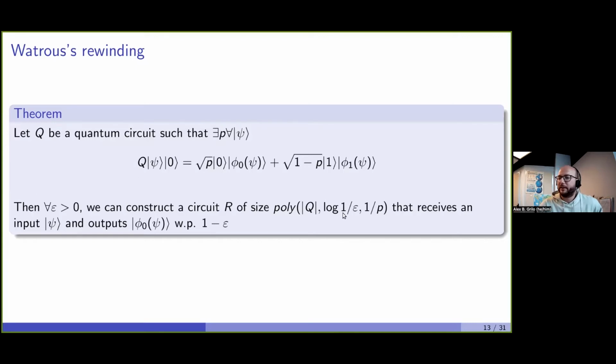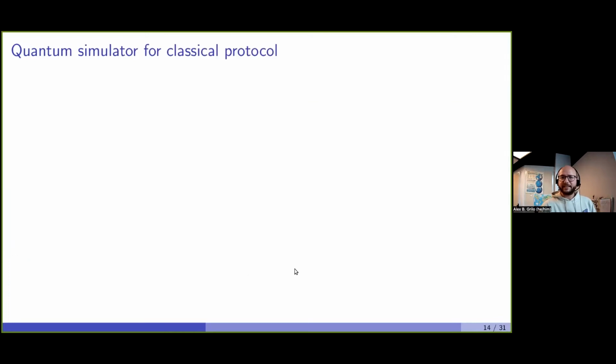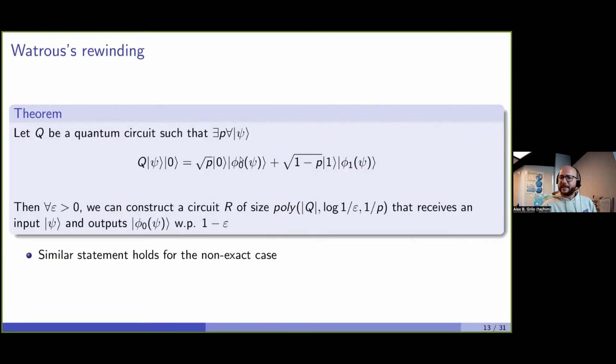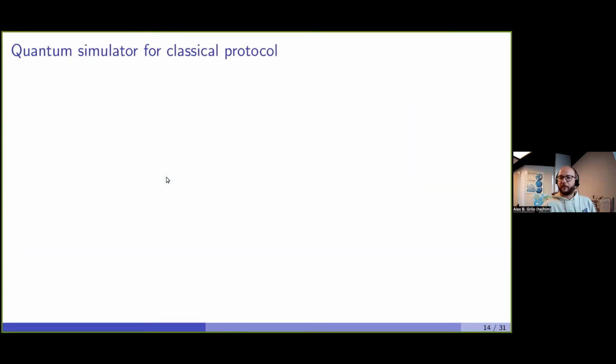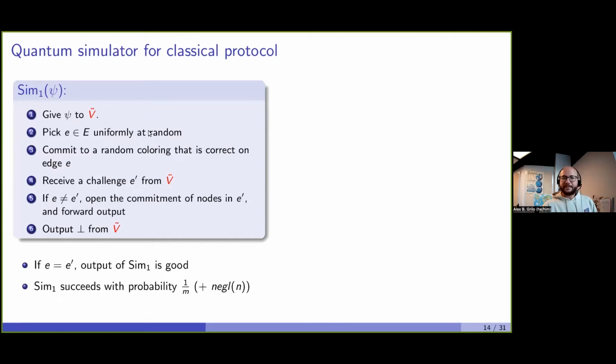But Watrous showed that there is a way of steering towards phi 0 with very high probability, where the size of R depends logarithmically on the error probability. This also works in a non-exact case, and this idea already allowed him to prove the quantum zero-knowledge of the three-coloring protocol. Let's see how he did so.